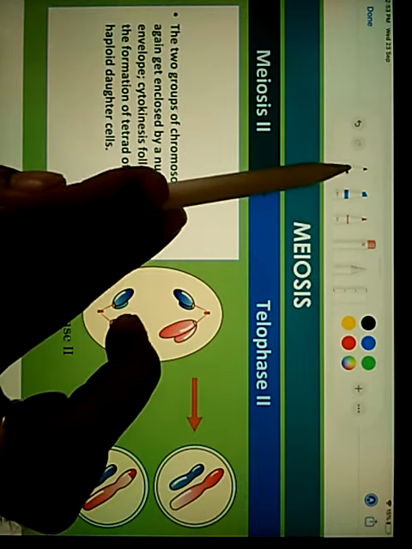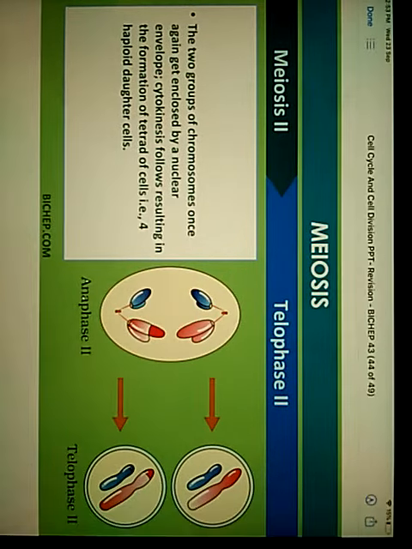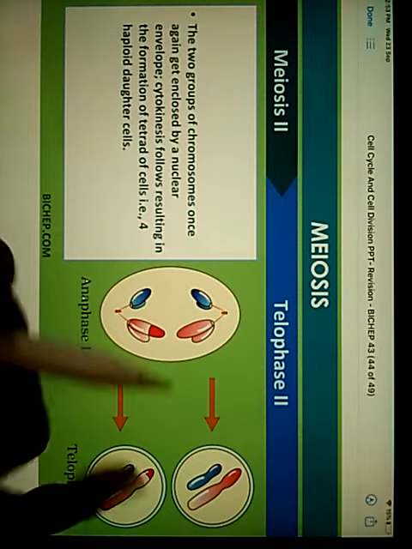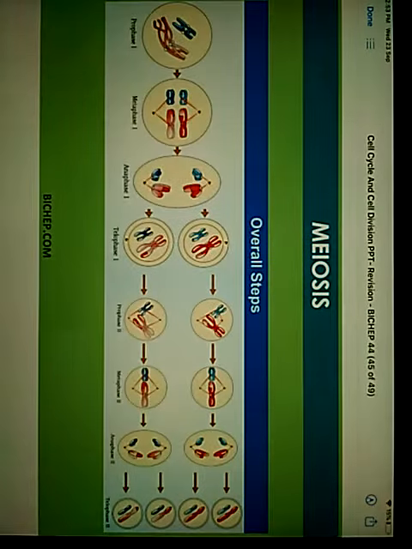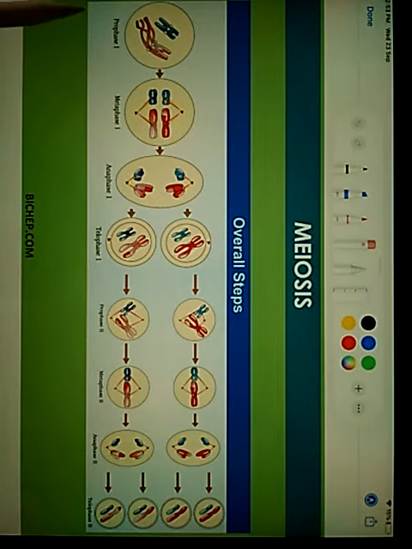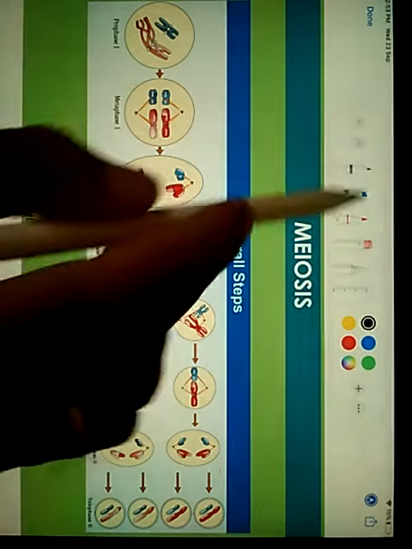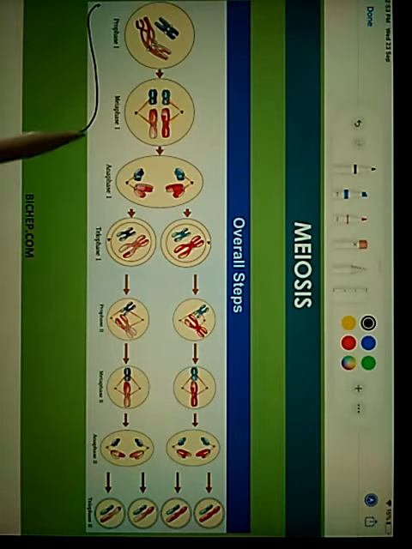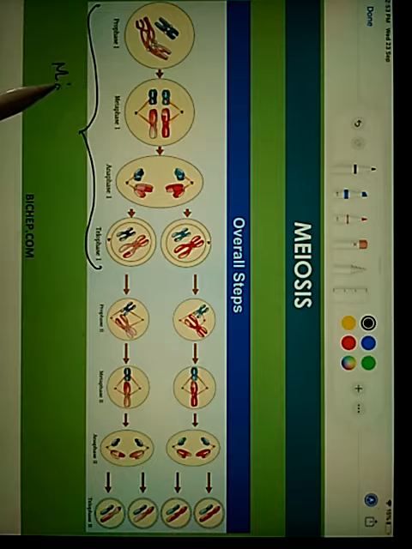So the entire mechanism, if we conclude, please take the screenshot. See the overall steps: prophase 1, metaphase 1, anaphase 1 and telophase 1 make meiosis 1, right?